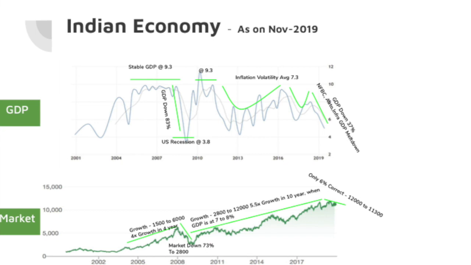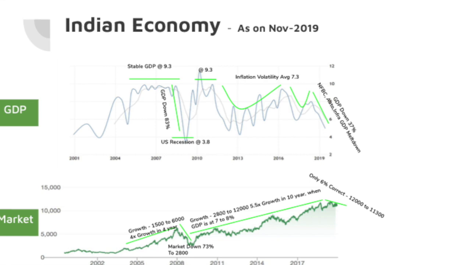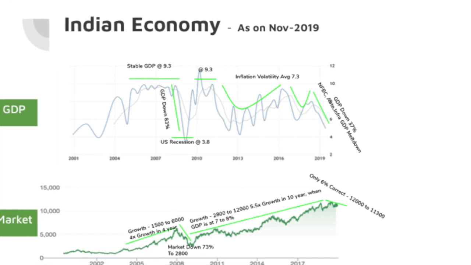That is, from 2010 to 2019, it grew 5.5x, from 2,800 points to 12,000, right? So basically, what that means is our market had decent support when GDP trends at around 7 to 8%, right?